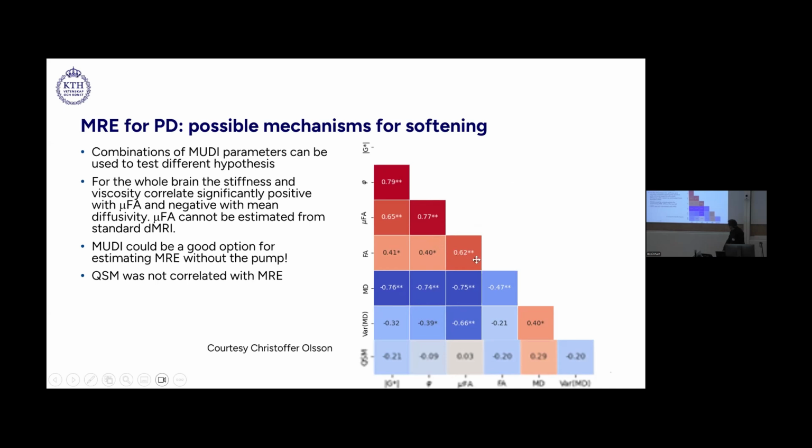Here, FA a little bit, but not that much, and so on. So basically, these two columns are the most interesting ones. Sorry that it was very blurry. For QSM here, it was not super interesting what we found. That is because the level of iron is not super relevant for mechanics, but diffusion is important.